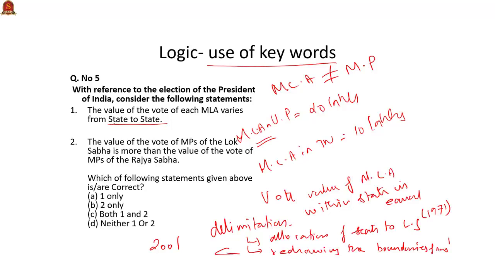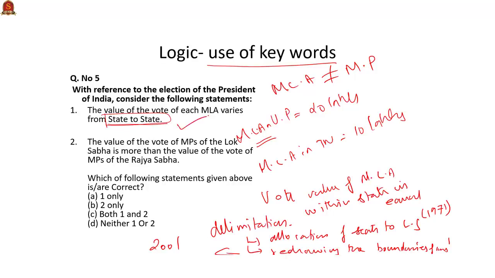If they had given the first statement as just 'the value of vote of each MLA varies', then it would have been a confusion. You would have been thinking that within the state the vote value of each MLA is the same. The key word here is state to state. So when you compare between states, if you know that an MLA of one state represents more people compared to smaller states, then automatically you will say this is a correct one.